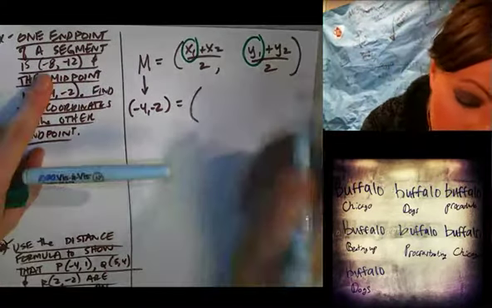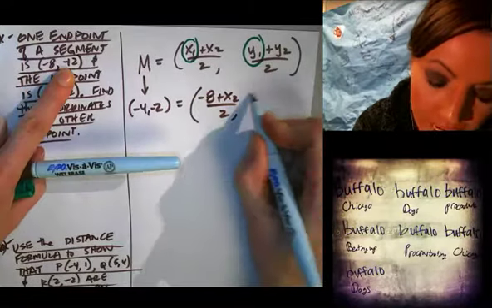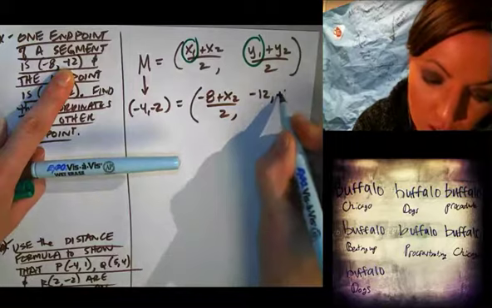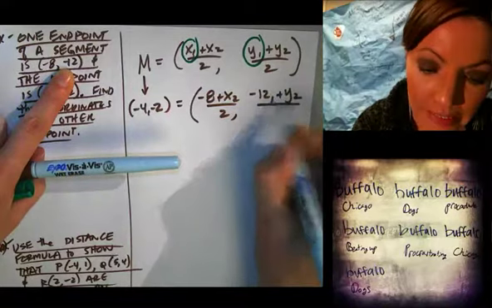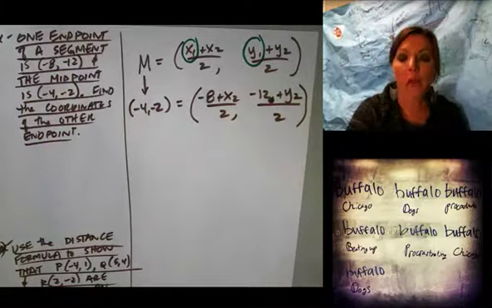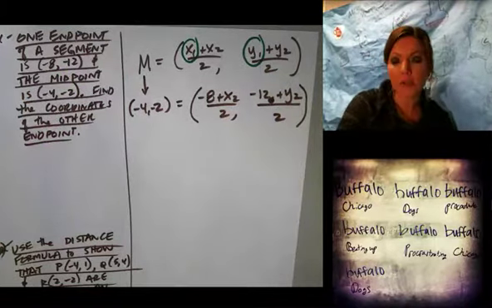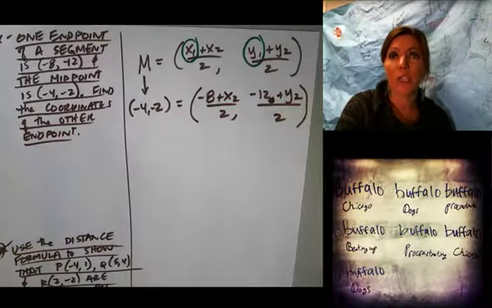Okay, so let's see. x1 is -8, x2 over 2, and y1 is -12, over 2. Whoops, I put a comma in there. You can ignore it. Okay, what would be the next step if I'm trying to solve for x2 and y2?